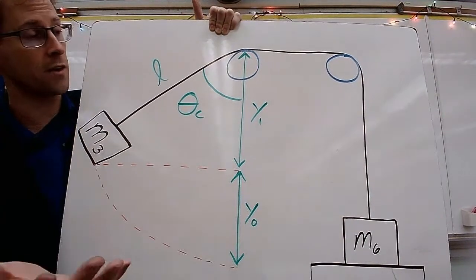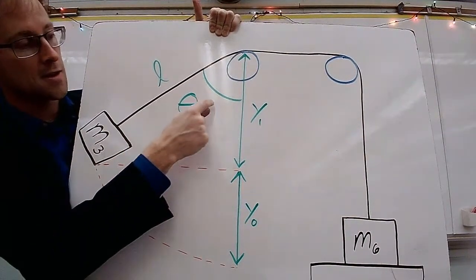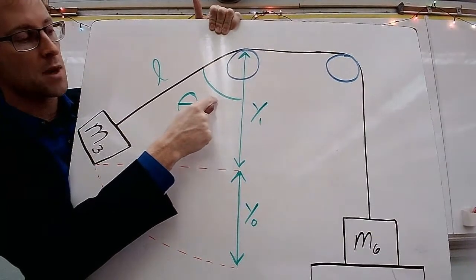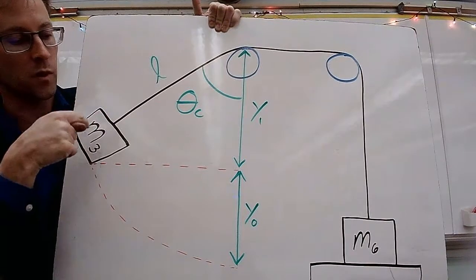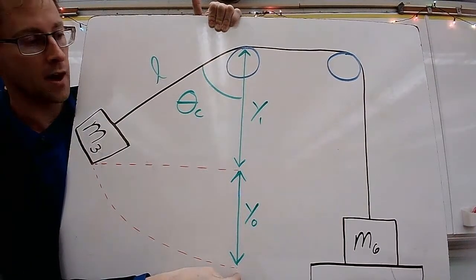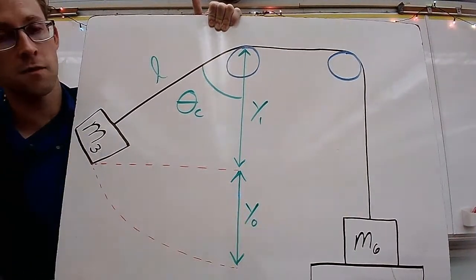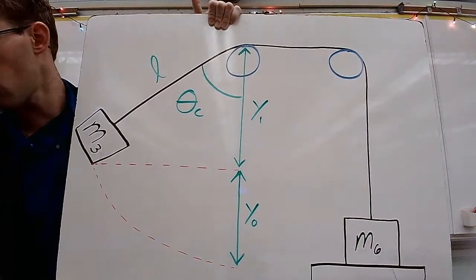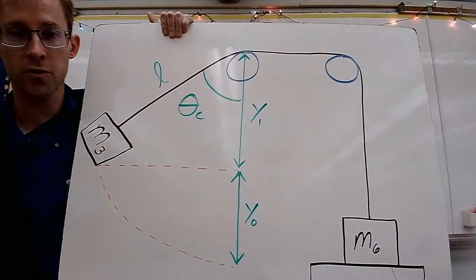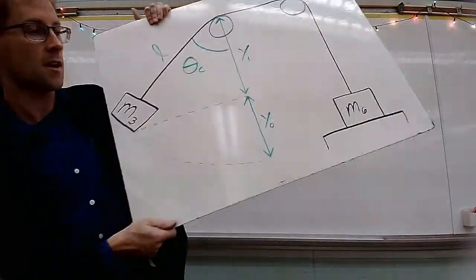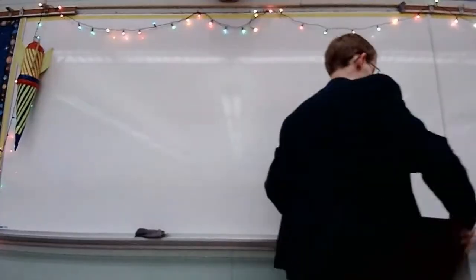What we're going to try and find then is the minimum angle we need to release this mass from so that when it reaches the bottom of its path, it just barely lifts M6 off the table over there. So we have some numbers for this, thankfully, so that's nice. I'll get those out for you next.